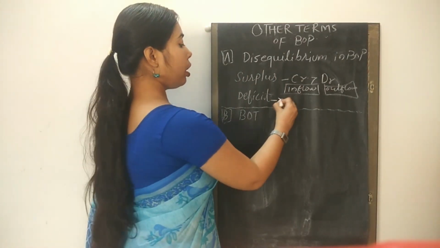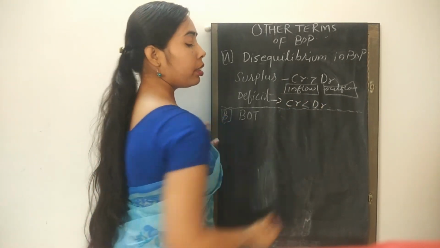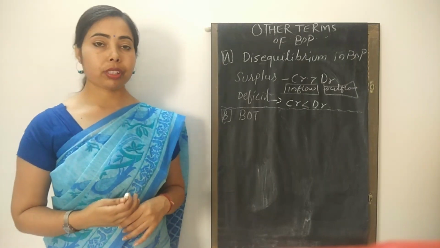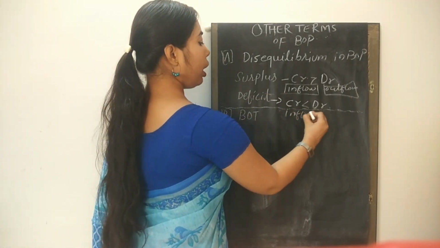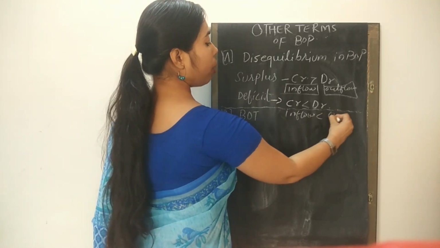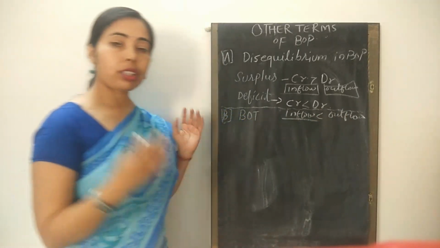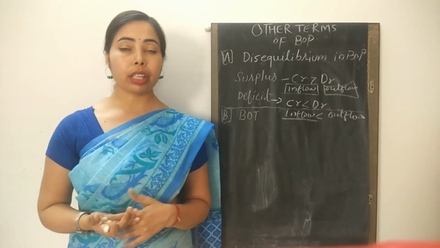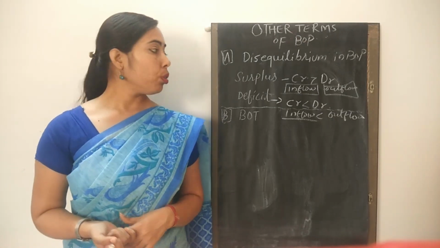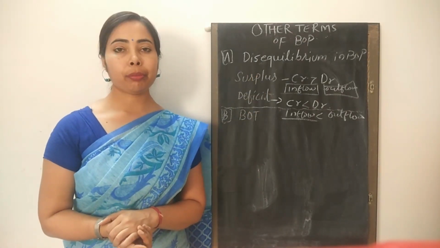And opposite, when the credit side is less than the debit side, that will be a deficit of BOP status. It means inflow of currency is less than outflow of currency. The money coming to India is lesser than the money going outside of India. So both scenarios create disequilibrium in the economy.